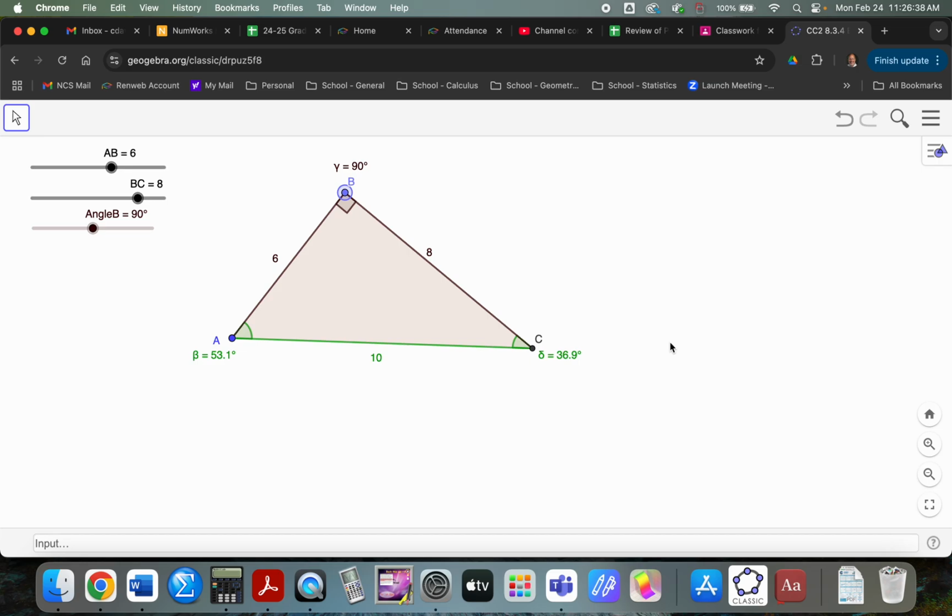Label all the sides and all the angles, all the side lengths, all the angle measures.